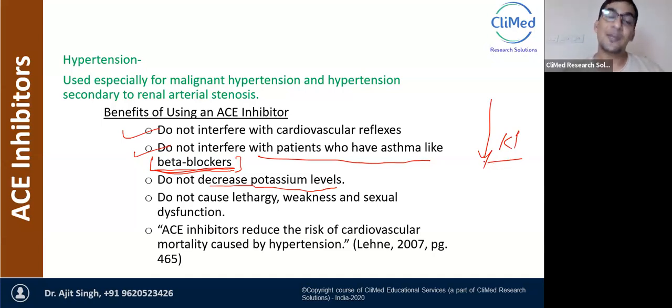They are known to cause hyperkalemia, hypokalemia, but not to that extent. If we are giving them long term and at a higher dose, then we can get a situation like hyperkalemia or hypokalemia. Okay, they do not cause lethargy or weakness or sexual dysfunction, right? And ACE inhibitors reduce the risk of cardiovascular mortality caused by hypertension. So definitely, these are recommended by the studies also.